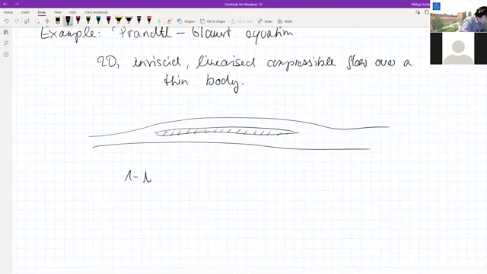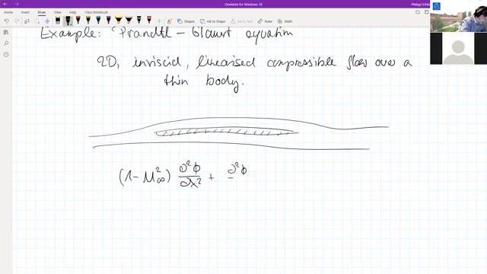It's 1 minus M infinity to the power of 2 times d squared phi dx squared plus d squared phi dy squared equaling 0.